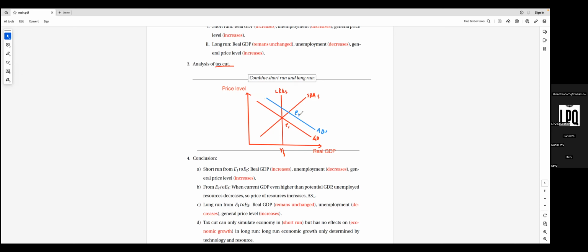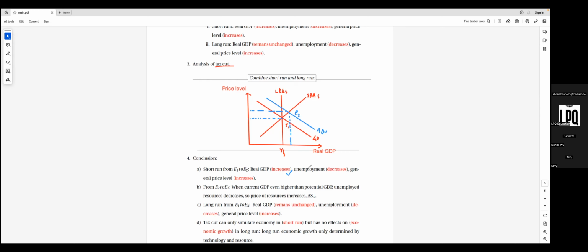So you get an equilibrium called E number 2. And we just compare E number 1 and E number 2, so you can figure out what is happening. From E number 1 to E number 2, real GDP increases.